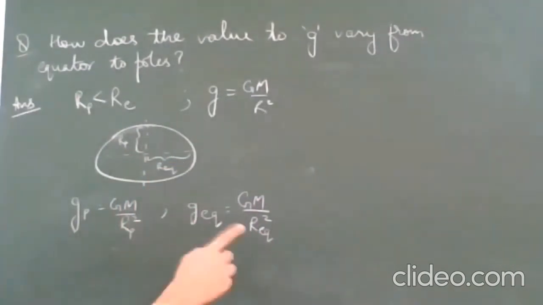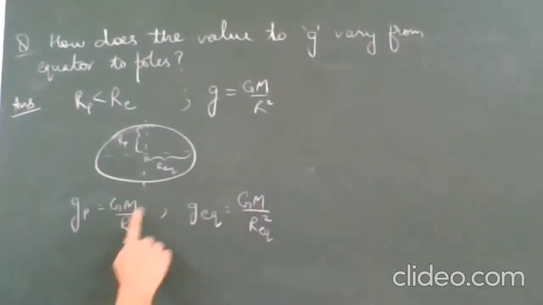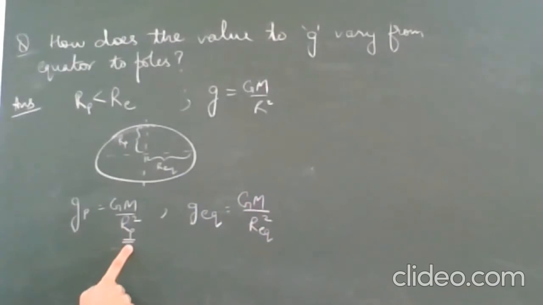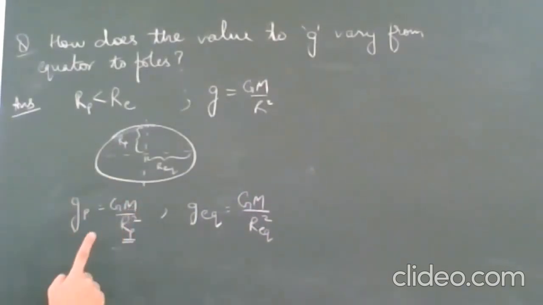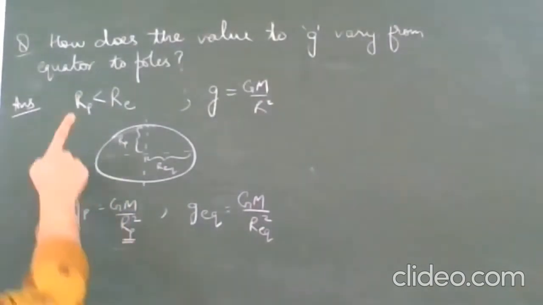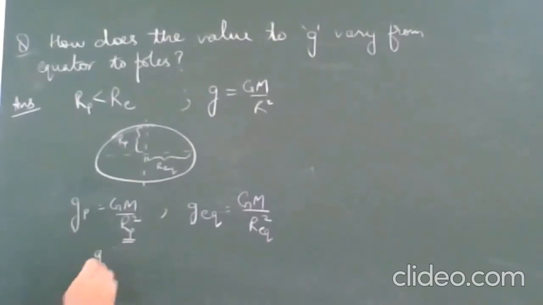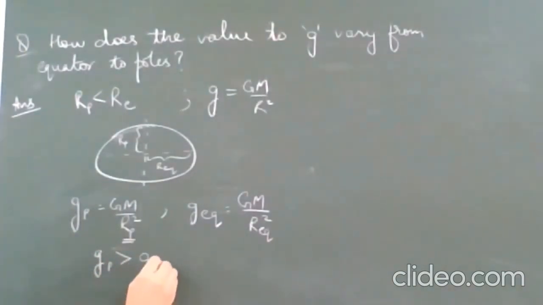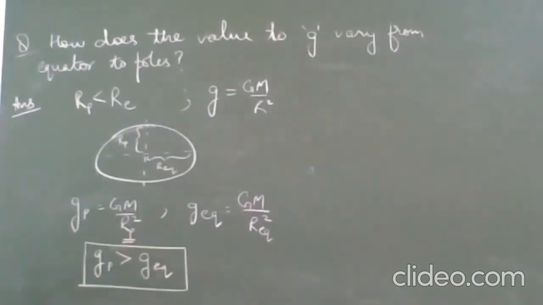Now when I compare, you see in this fraction the denominator is smaller, the numerator is the same in both, and the fraction whose denominator is smaller will have a greater overall value. So looking at these values and keeping this inequality in mind, we can conclude that g on poles is greater than g near the equator. So this is how it varies.